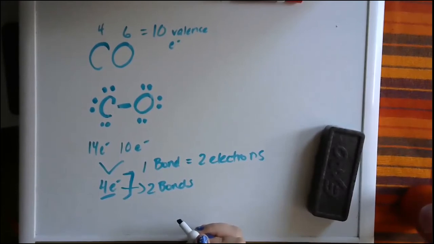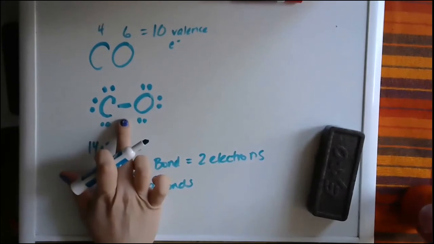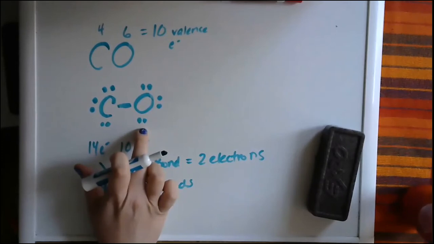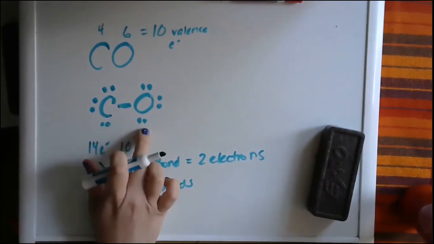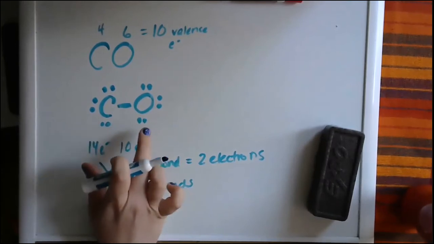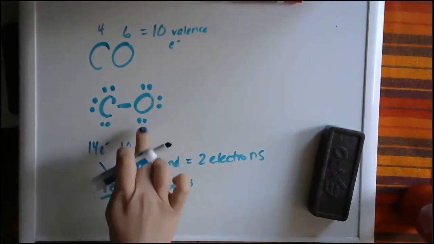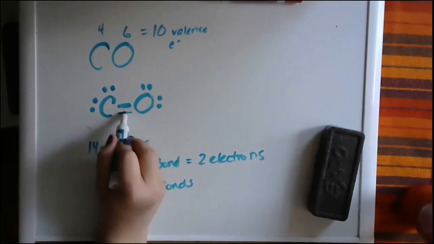Now, every time that I add a bond to this structure, I get to remove 4 electrons from my skeleton, because now instead of each atom having its own lone pair of electrons, they're going to share a set of electrons instead. So I know that I'm missing 2 bonds. So I'm going to remove these 2 electrons. I'm going to put a bond between them.